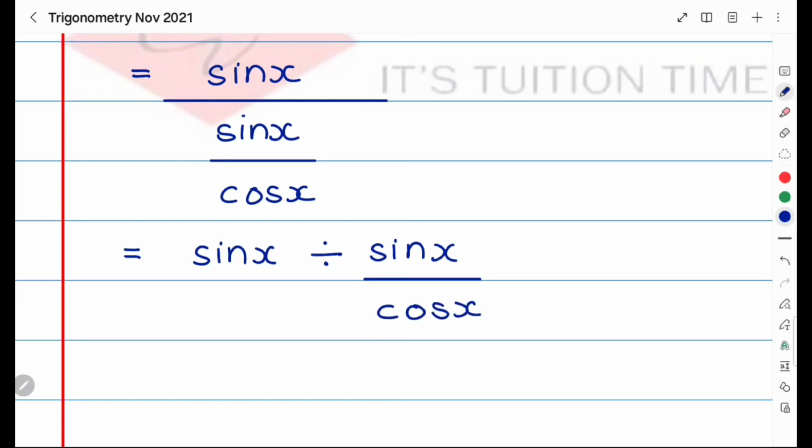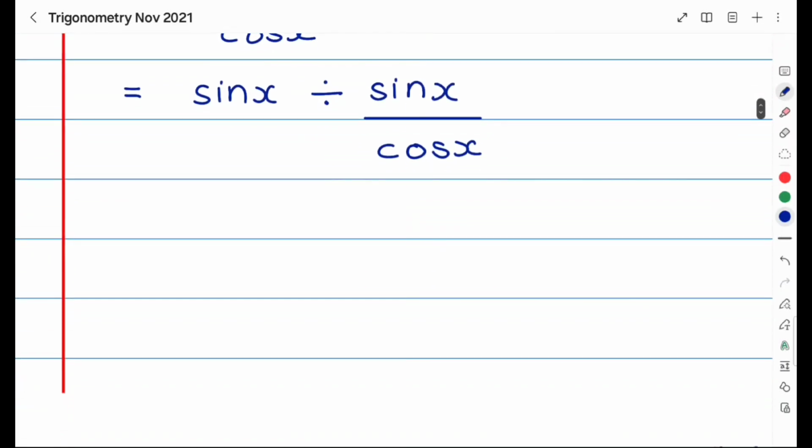And because we are dividing by a fraction, we can turn it into multiplication. So we can flip it, becoming sine x times cos x over sine x.